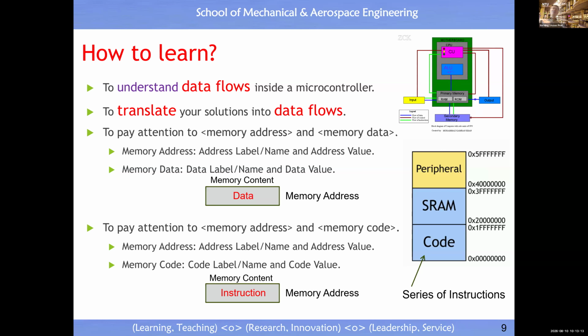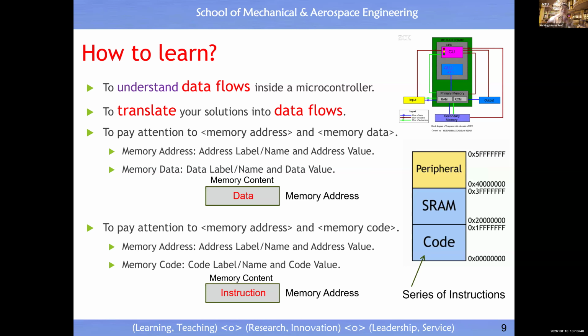Inside the memory, we may have two types of things. One is data, another is instruction, okay? But the good news to you is that the design of the microcontroller for ARM Cortex follows the DSP architecture, digital signal processing architecture.